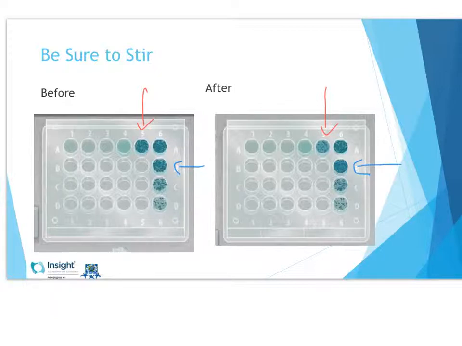What it did was spread it out more so that it wasn't all clumped in on the top layer. And I also noticed that in B, a much slighter change, but it almost looks like more complete precipitate. So make sure you stir, so that you're not being led astray by what things look like before stirring.